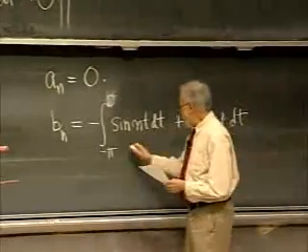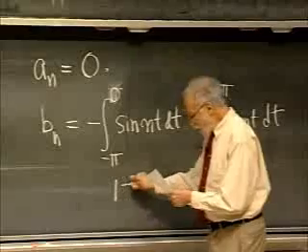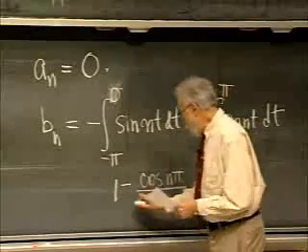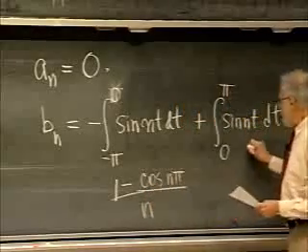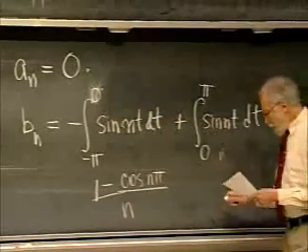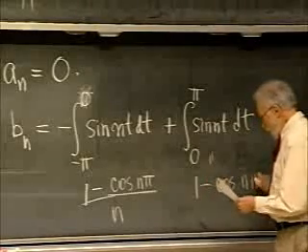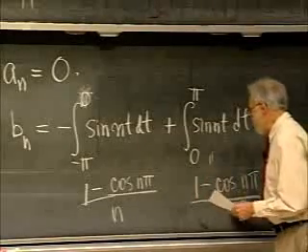Anyway, after you calculate it, this will be (1 minus cosine n pi) over n. And this part will turn out to be (1 minus cosine n pi) over n also.